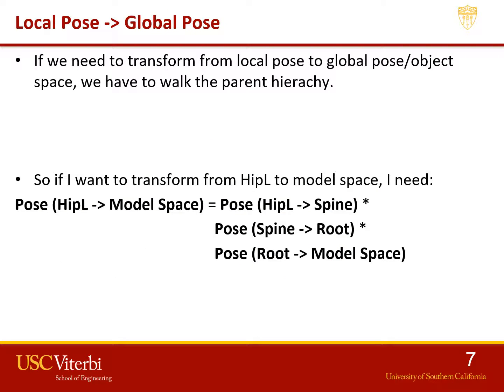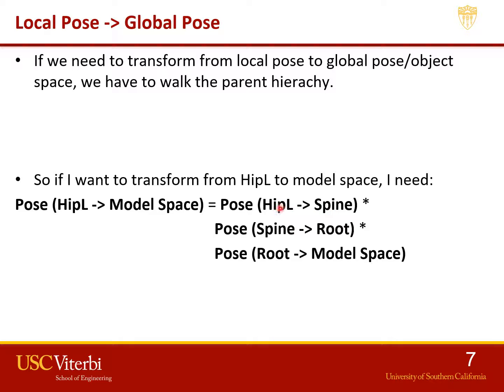Okay, so each bone moves in the space of its parent. So to take the chain all the way out to model space, remember all of our shaders are going to run in model space, right? And all of our vertices were created in model space. So how are we going to get back out to model space? Well, we'll need to apply the rotations and the animations for this particular frame, this pose, to get you from the current bone you're in out to the parent bone.